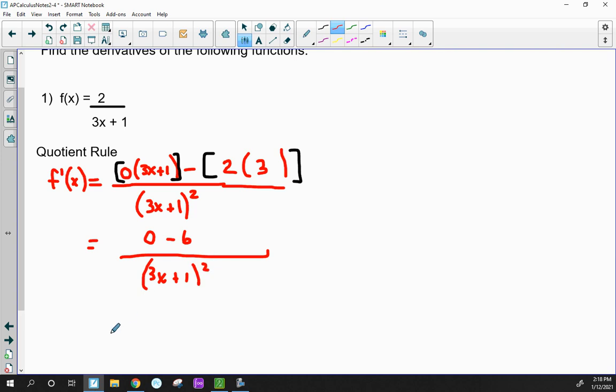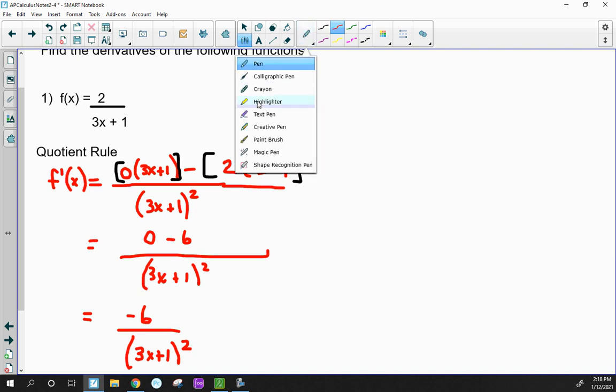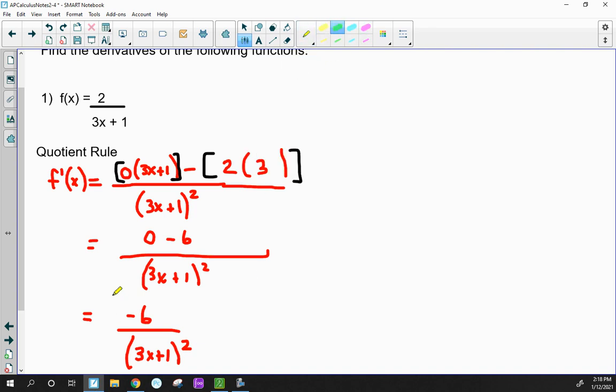And so the derivative of the f function is negative 6 divided by 3x plus 1 quantity squared. So this is my answer.